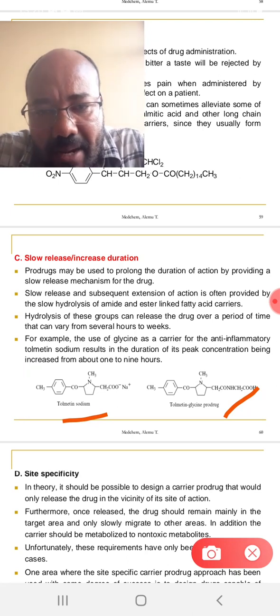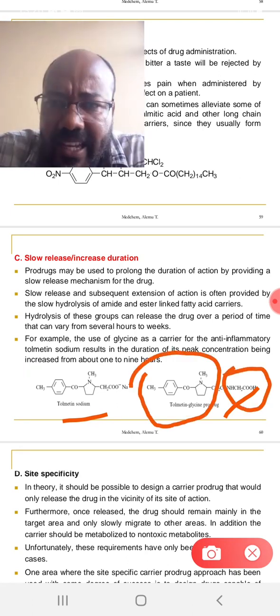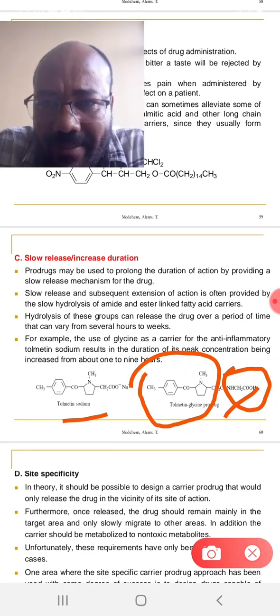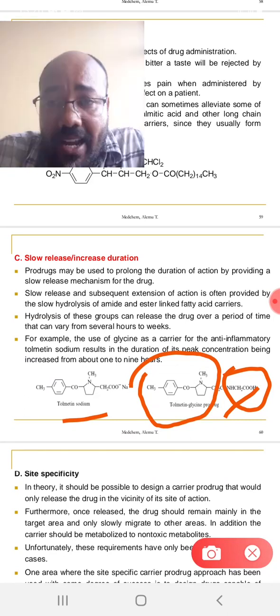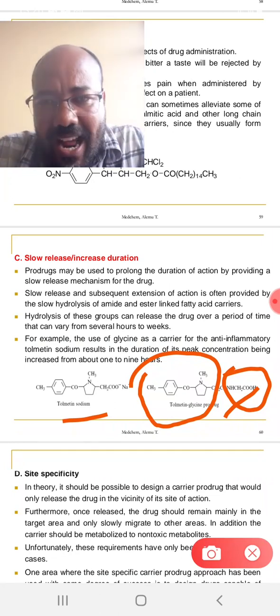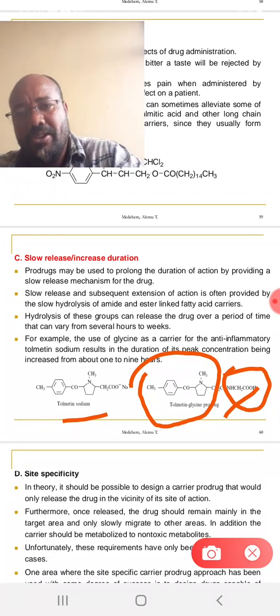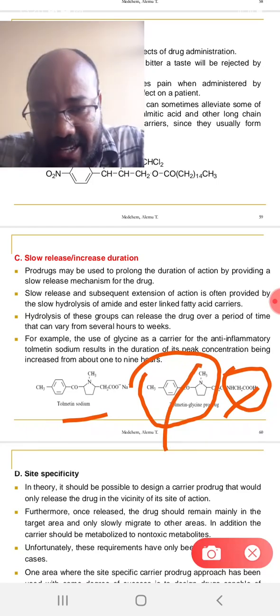This is the active drug part, and this is the carrier part, which is glycine, called the tolmetin glycine prodrug. Therefore, the use of a prodrug will increase the duration of action. When the active drug is combined with the carrier, the duration of action may be increased. This is the third objective of prodrug design.